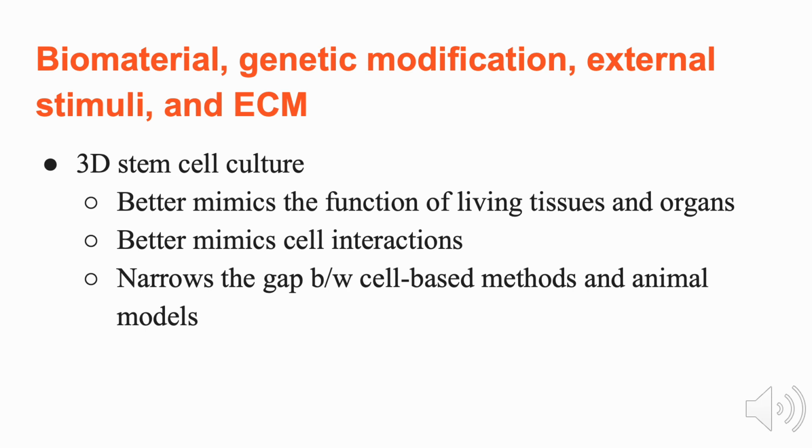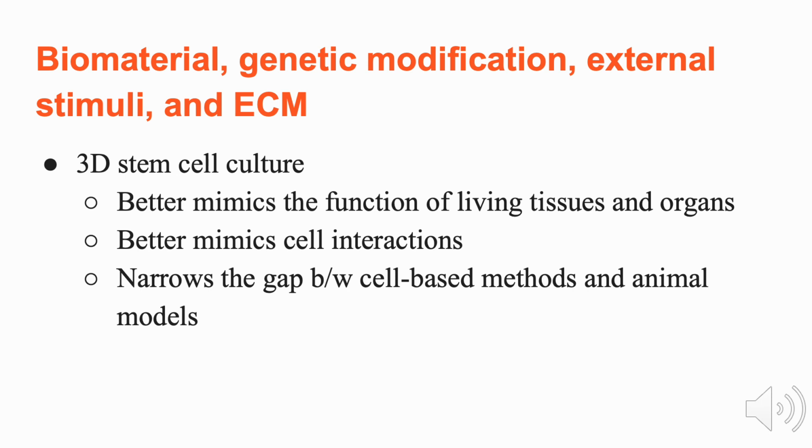Biomaterial, genetic modification, external stimuli, and ECM were and still are methods that we use to manipulate cells to have specific properties that we use to study therapeutics, cell interactions, and such in the lab. However, 3D stem cell culture has proven to be a method that consists of advantages when compared to the older and more traditional methods.